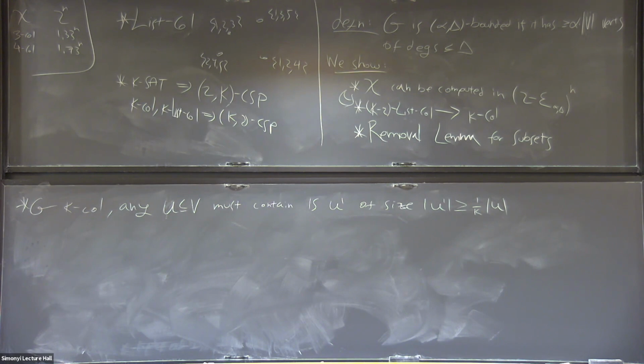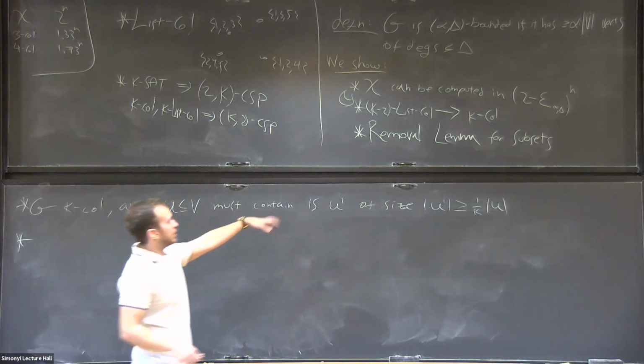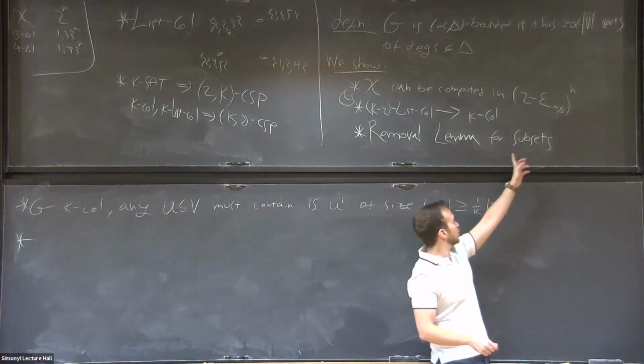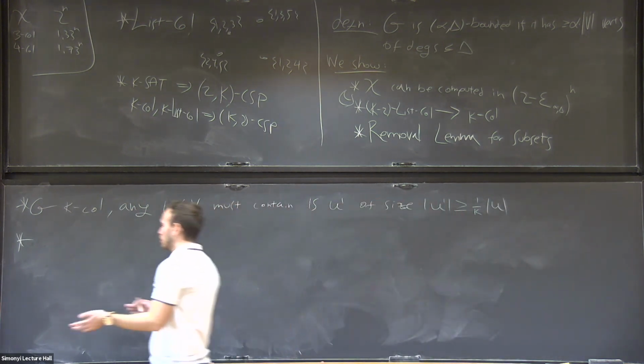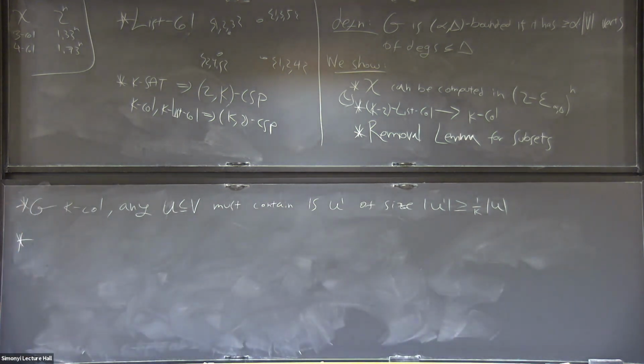Okay, so let's look at a simplified version. We claim that for any alpha and delta, we are going to show an exponential improvement for graphs that are alpha delta bounded, but let's begin with a much simpler statement. I'm going to add 2 assumptions.